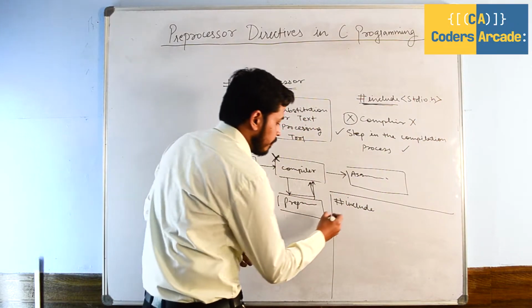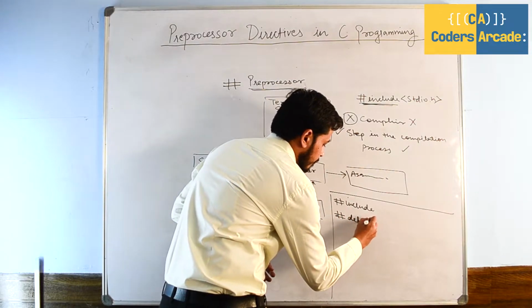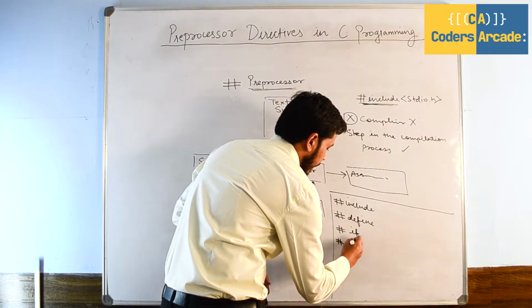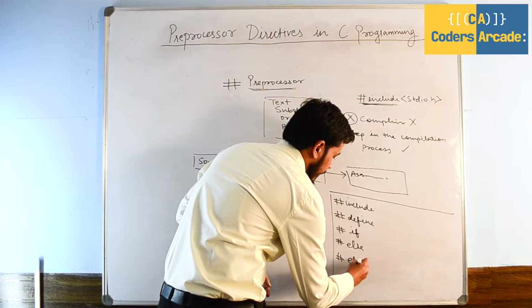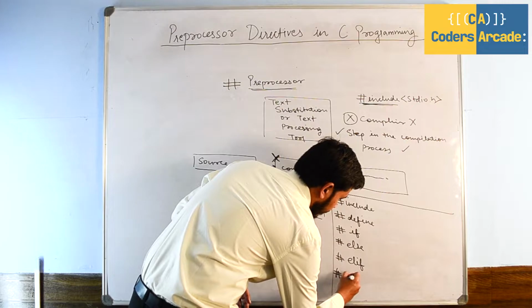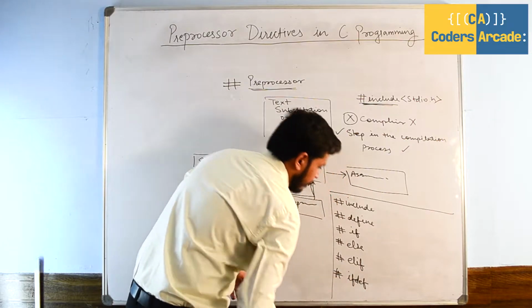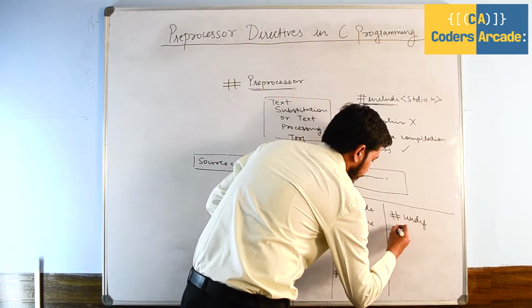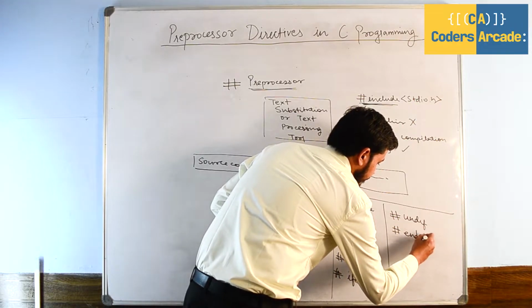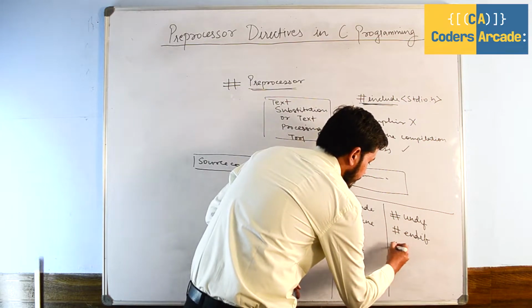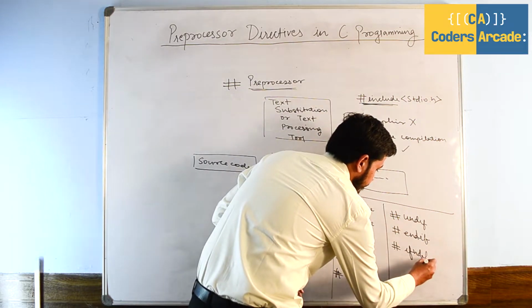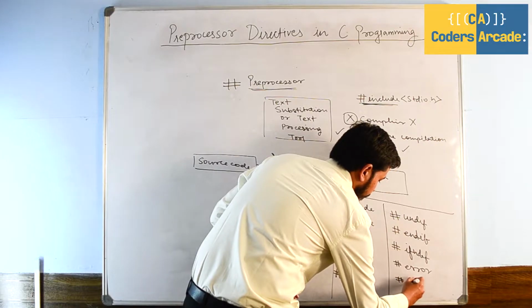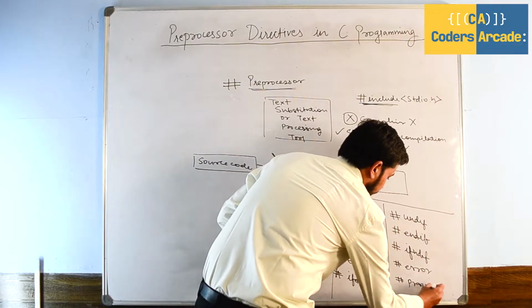Then we have hash define, hash if, hash else, hash elif, hash ifdef, hash undef, hash endif, hash ifndef, hash error, and hash pragma.